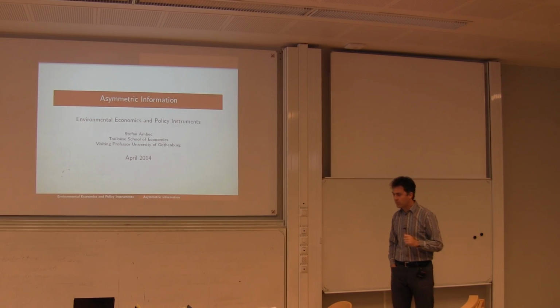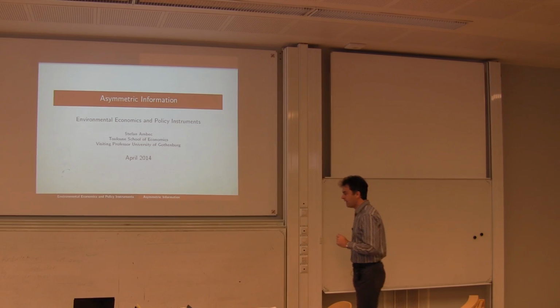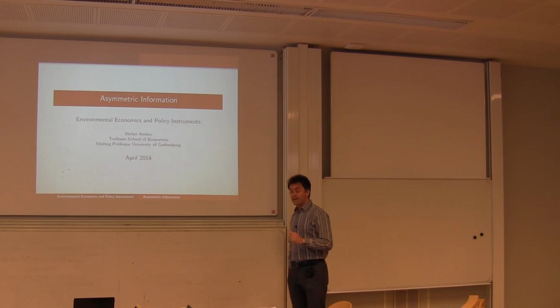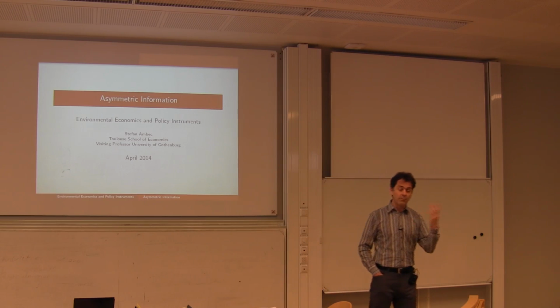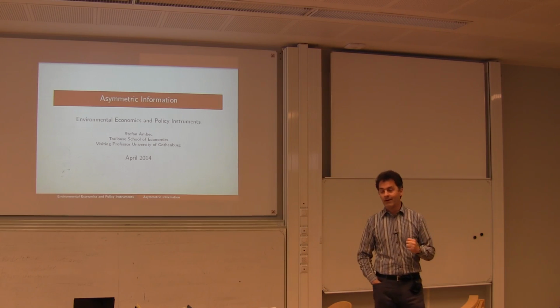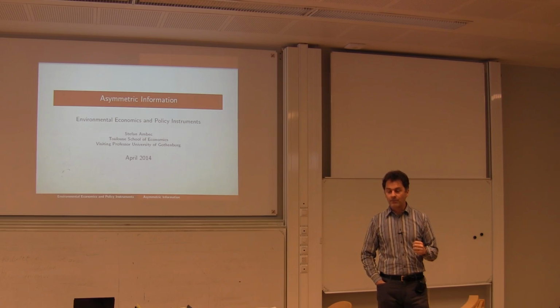And there is also one lecture on international environmental agreements. So transboundary pollution. The problem of transboundary pollution is that you don't have any central authority in charge of regulating pollution.